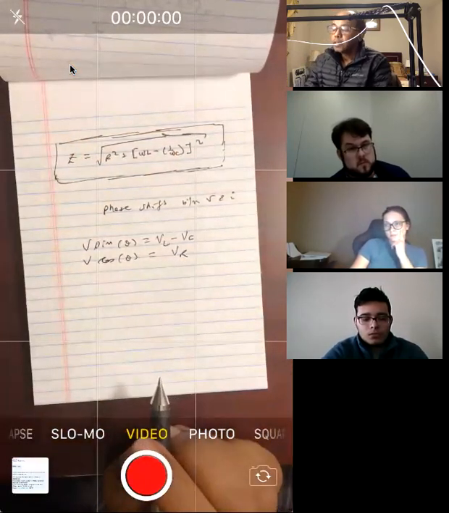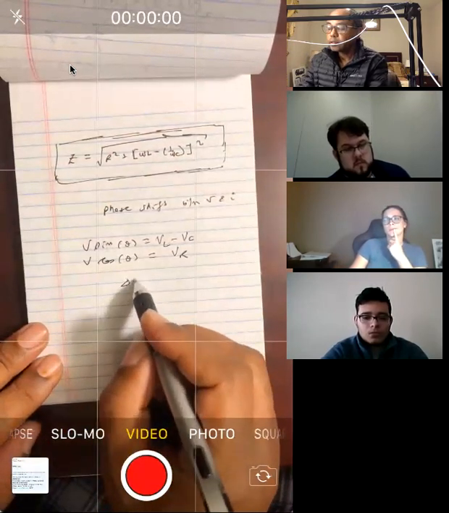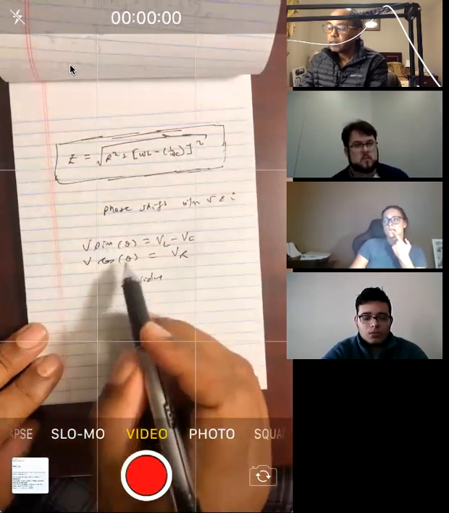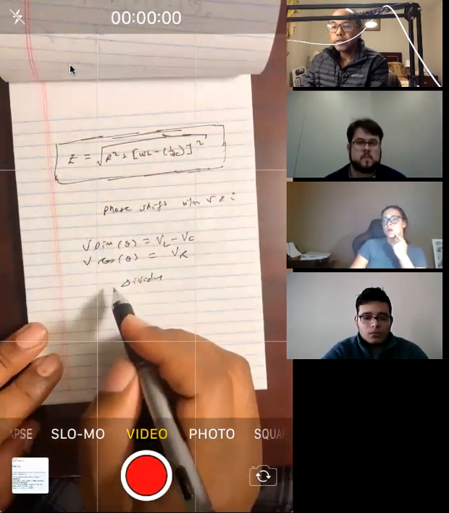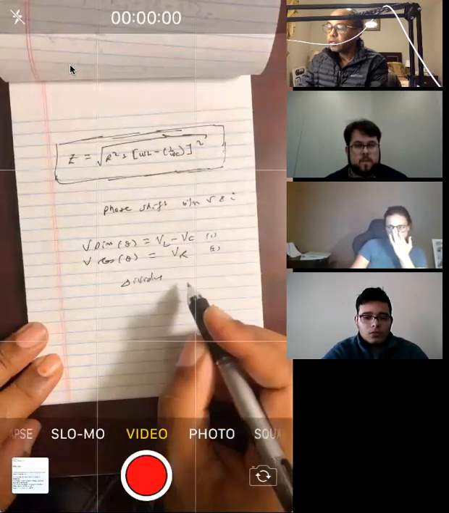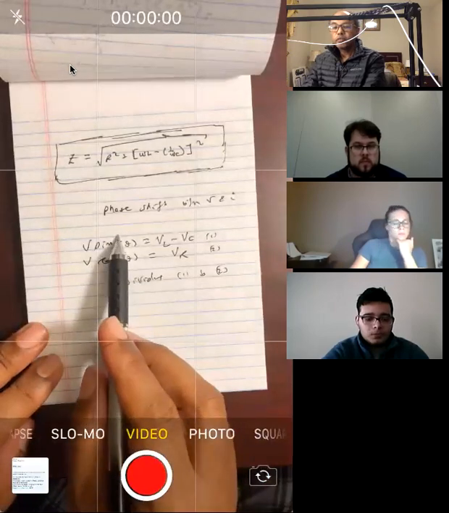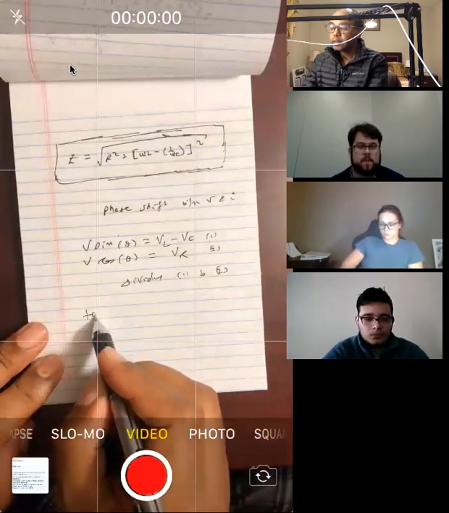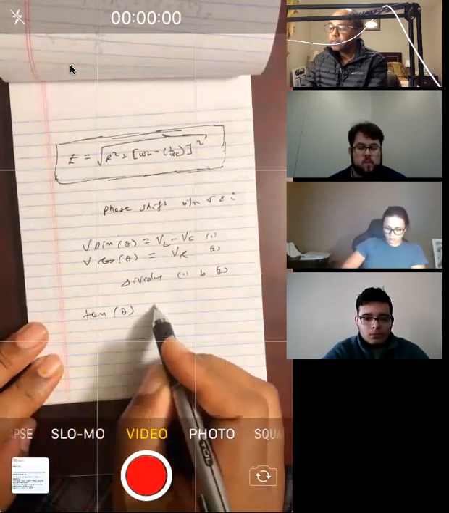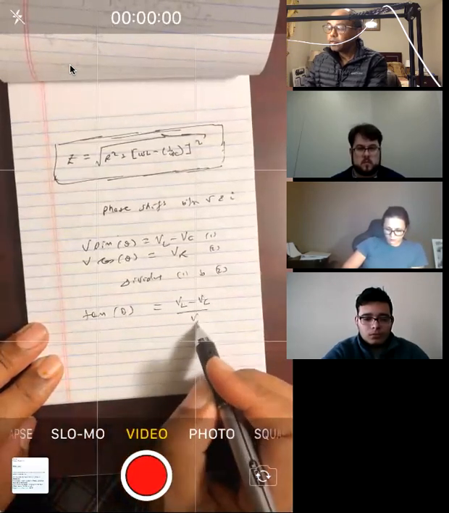Now let's divide this equation by this equation. Let's say this is 1, this is 2, dividing 1 by 2. Sine theta over cosine of theta gives tan theta, right? And this one becomes VL minus VC divided by VR.